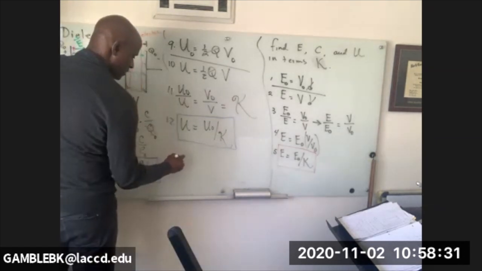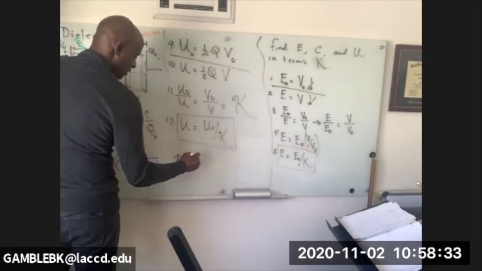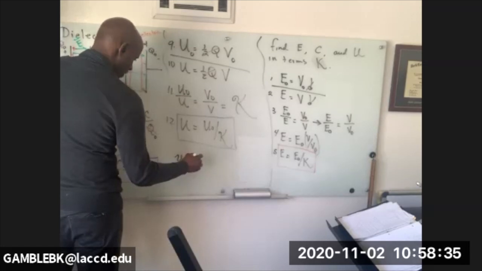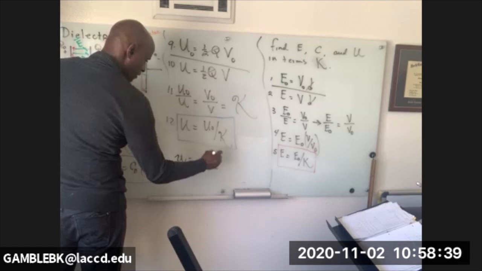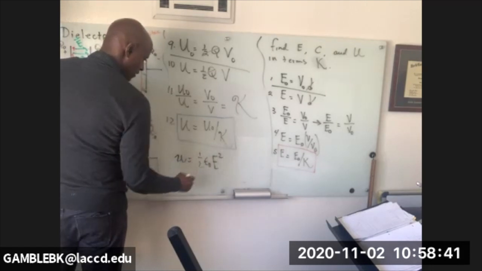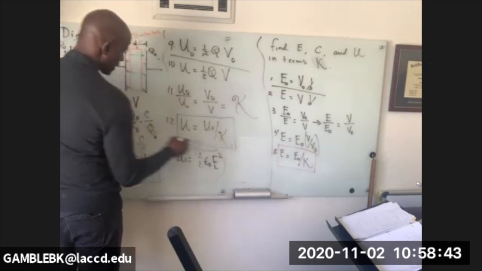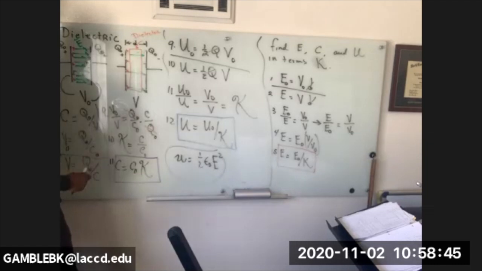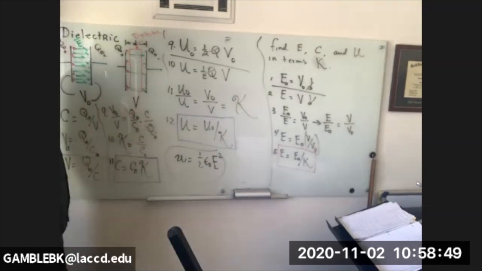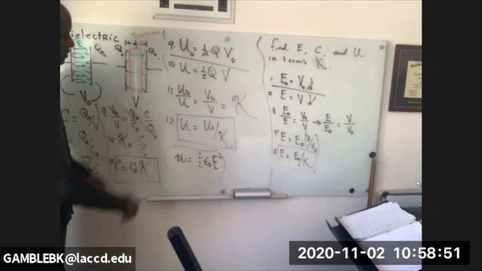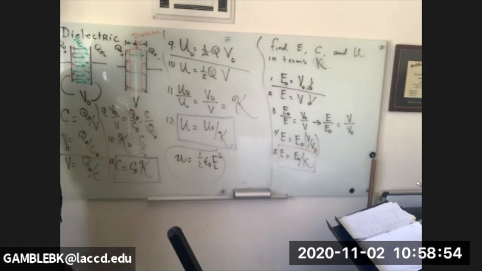Because energy density we define as 1/2 epsilon naught E squared. So if the electric field decreases in the volume, then the energy density is going to decrease, so the amount of energy is going to decrease as well. That's consistent with what you would expect.